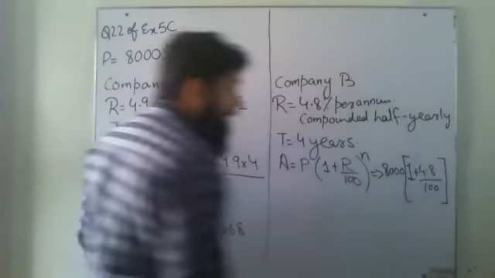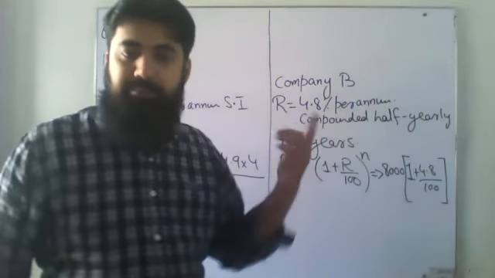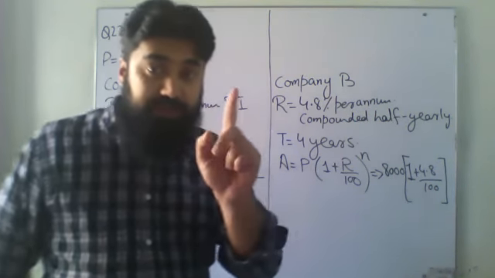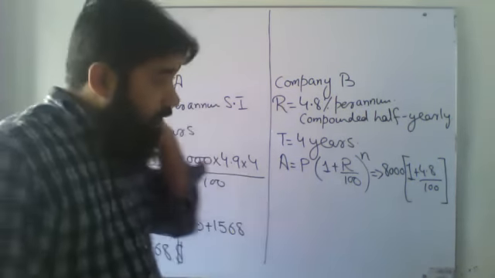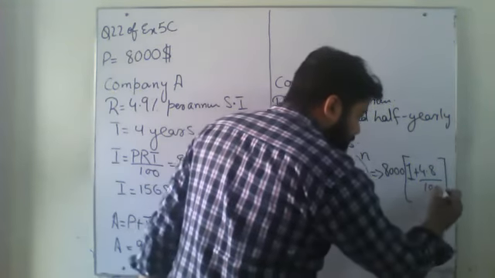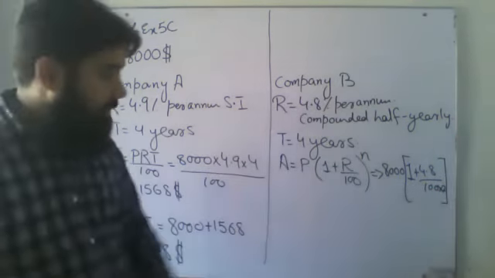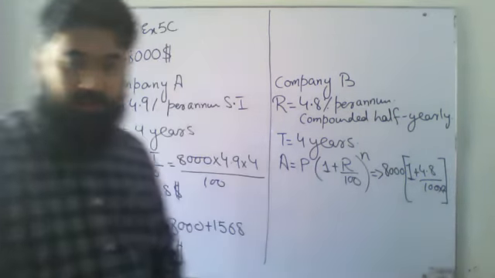In a year, how many half yearlies will I have? In a single year, I have 2 half yearlies, so 4.8 is getting divided by 2 over here.